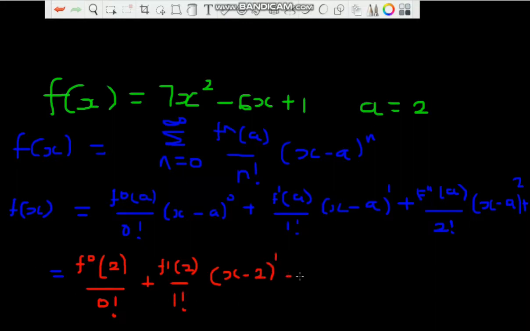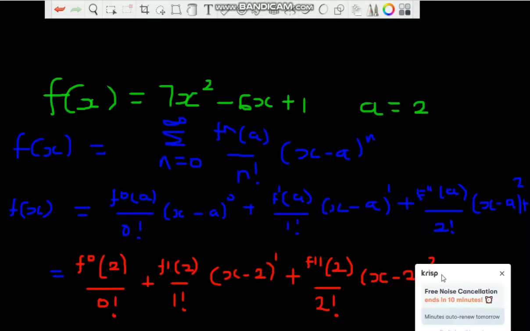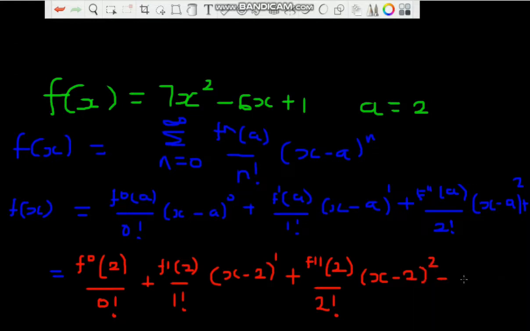Okay, so plus the second derivative of the function at 2 over 2 factorial, multiplied by x minus 2 to the power 2.